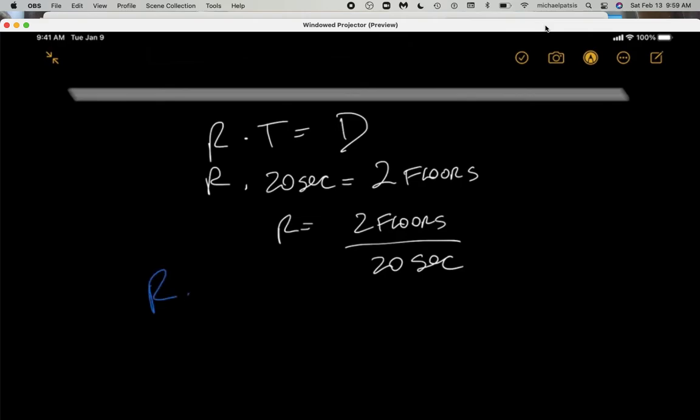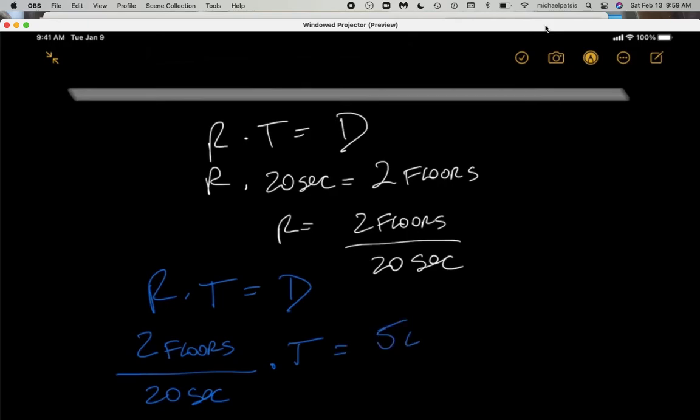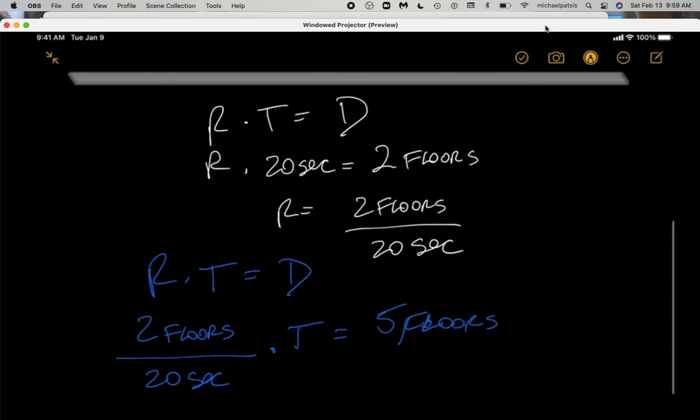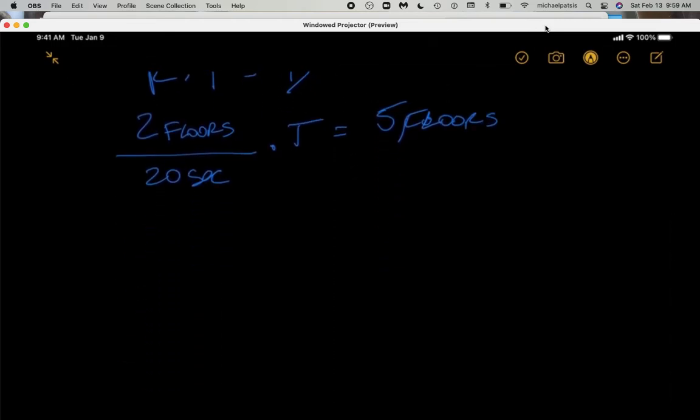Then we come down here in scenario 2, where the person is running at the same rate. So we go ahead and we plug that in. The same rate we got from the first scenario, times the time, which we're trying to find, equals the distance, which is 5 floors. We solve for t, and we get our answer. Okay, t is going to be in seconds. T seconds. So now we realize we got our units right.